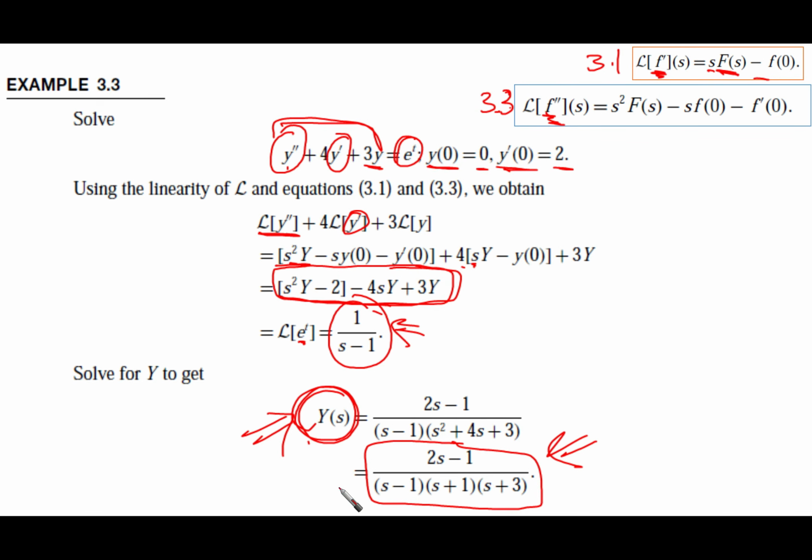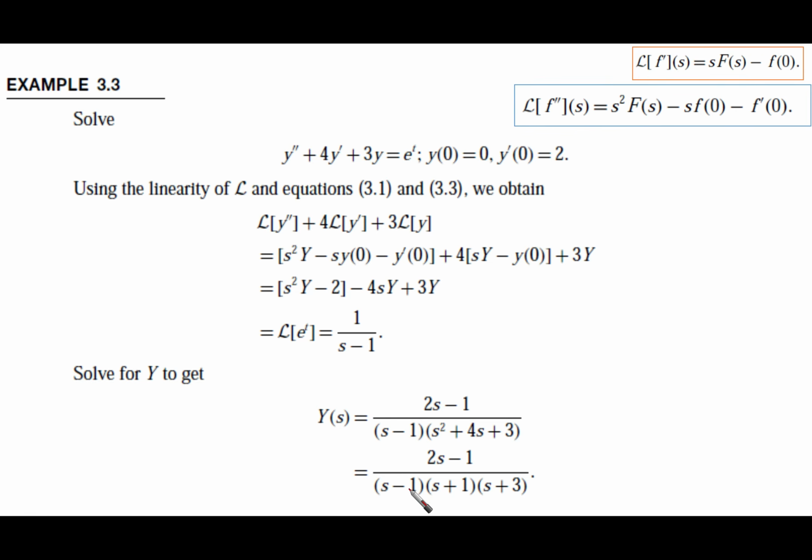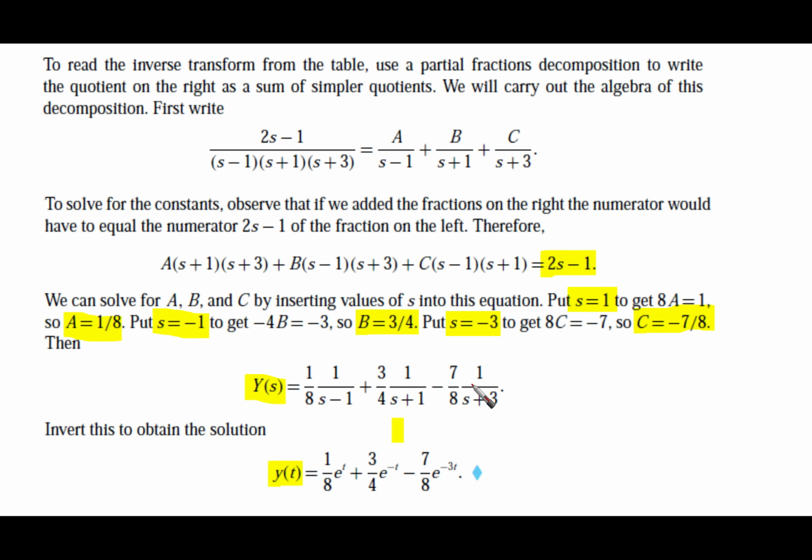Now we want to solve this. This can easily be solved from the table. Now let's see how we're going to solve it. Look at the right-hand side here. It is a little bit complicated because we have three terms multiplied together in the denominator, right? So how are we going to overcome this? We're going to use a technique called partial fractions decomposition. What is the meaning of this?